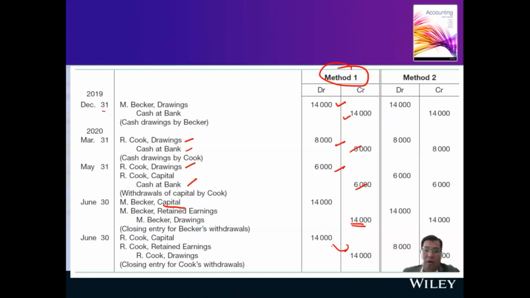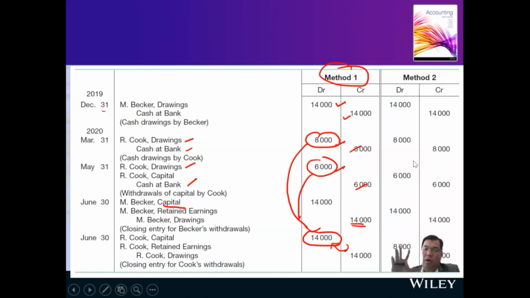For Cook, we combine this 8,000 and 6,000, and this gives you 14,000. We don't distinguish between drawing in terms of retained earnings or capital for method number one. So this is a very easy, straightforward method.